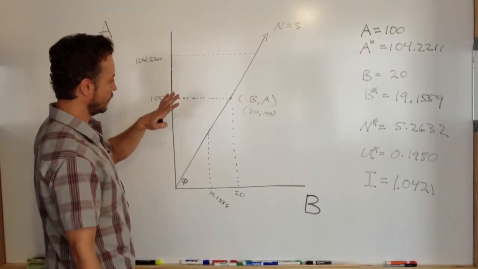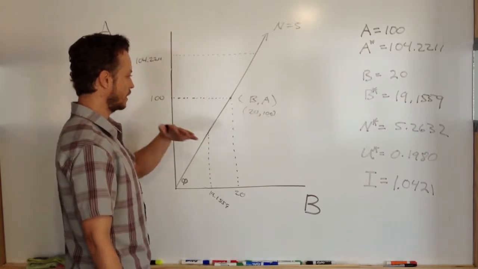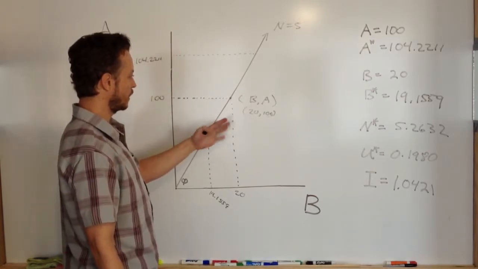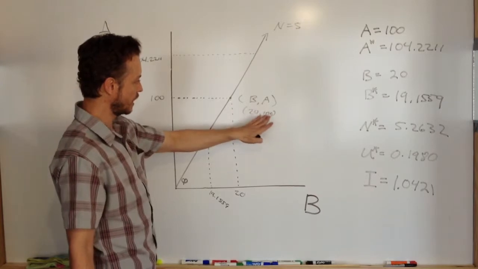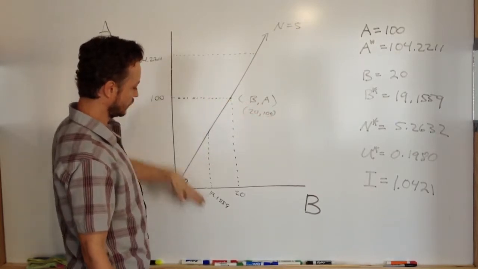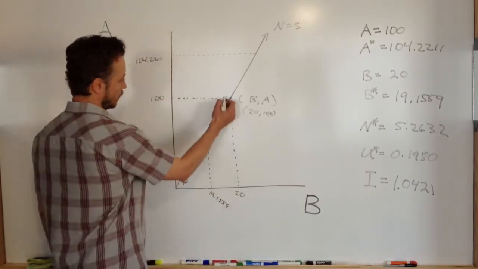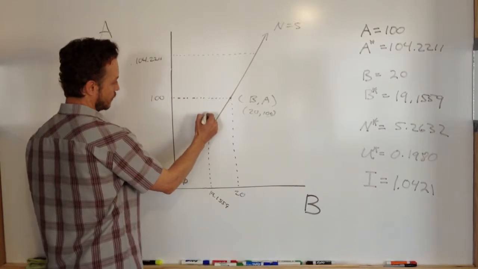So, at the time noon, relative to A, since A is ahead of time relative to B, at that time relative to A, when A is 100, B, remember, it was 19.1559, slightly into the past. So we could draw this line up here.